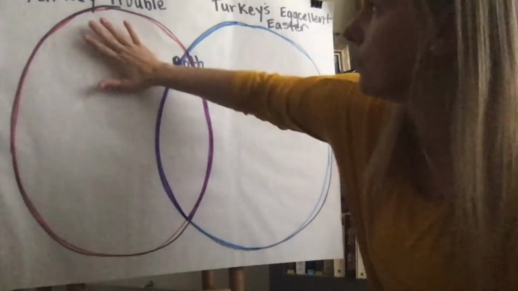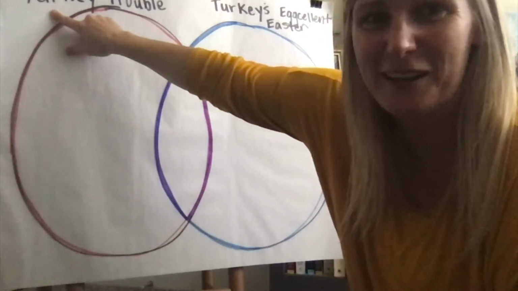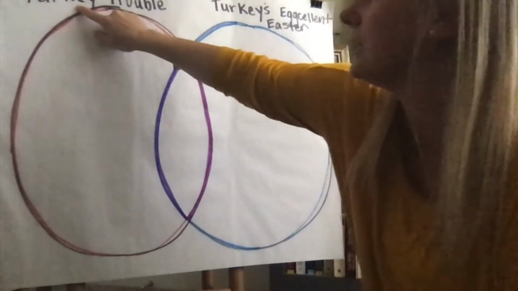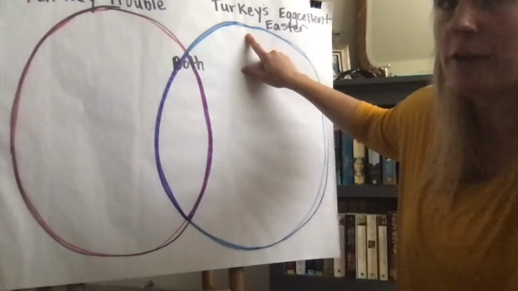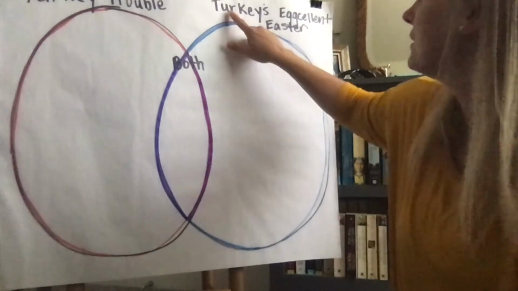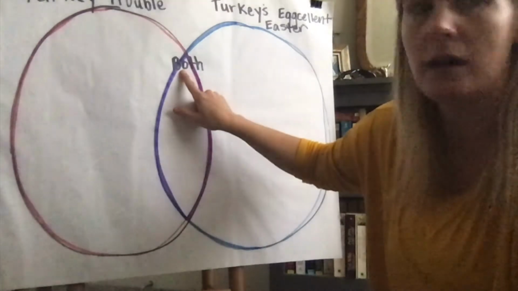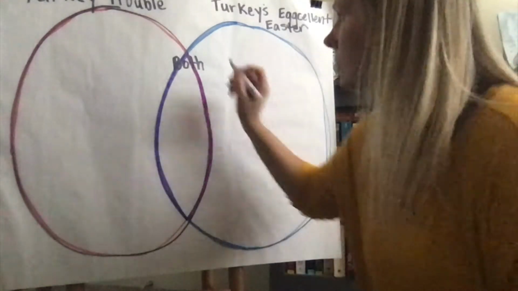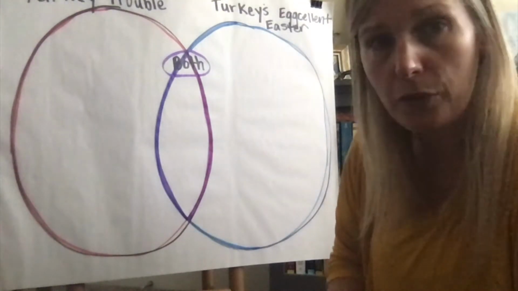On my red circle, I've written a word above the top here, and it's actually the title of our book, Turkey Trouble. Above the blue circle, I wrote the title of the other book, Turkey's Excellent Easter. In the middle, on the purple part here, I wrote a word, and it says both.